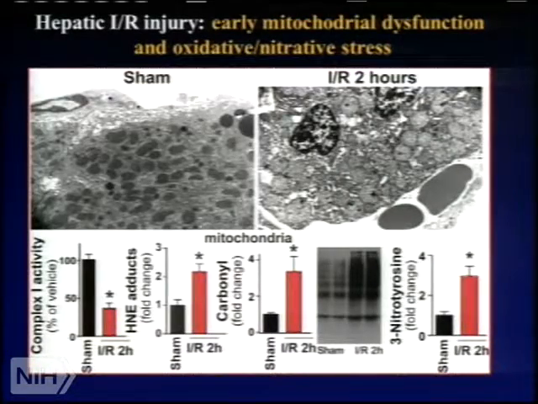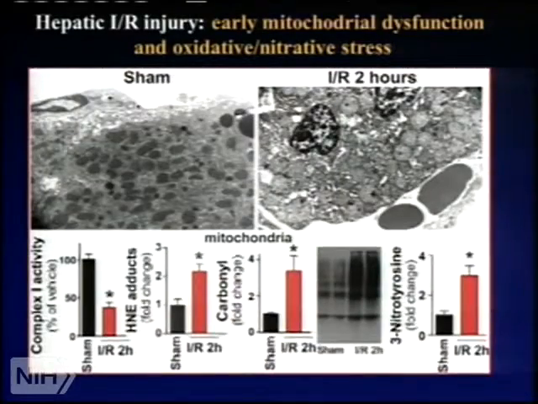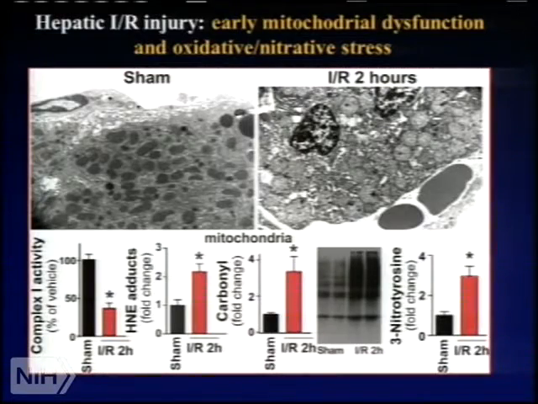What happens at the early stage? You see electron microscopy of livers, and these are mitochondria in control animals, with nice electron-dense mitochondria with good structure, this black mitochondria. Following 2 hours of reperfusion, there is marked swelling of the mitochondria, and they become white, so they lose the structure and the electron density.